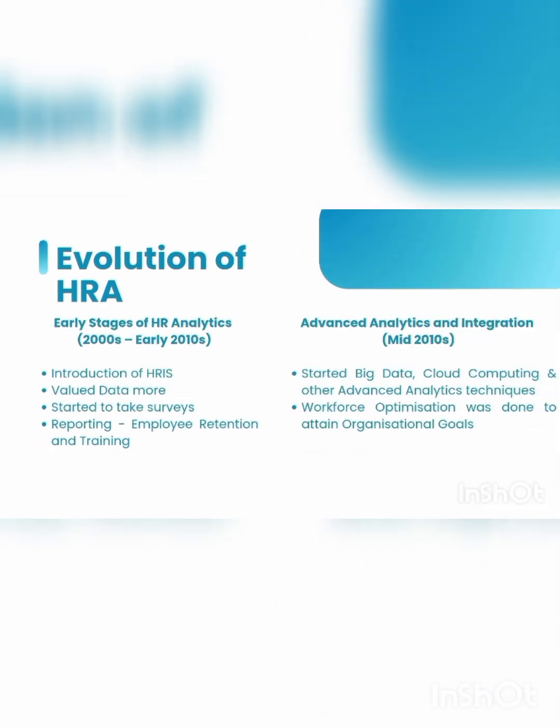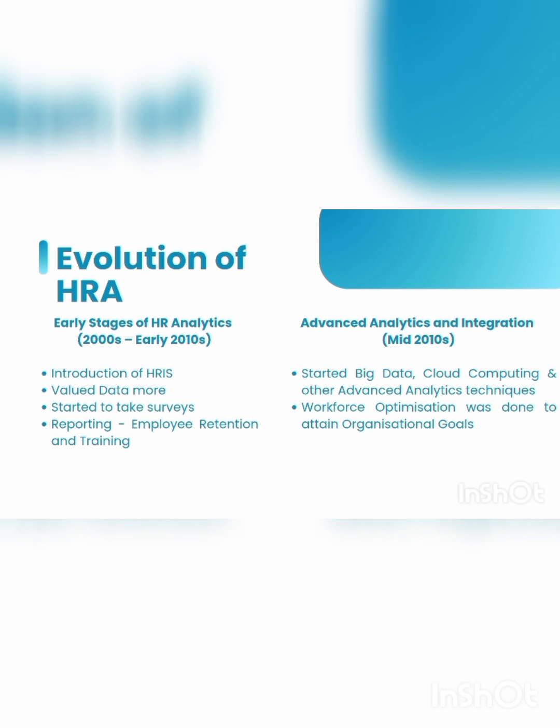Early stages of HR analytics, 2000s. As technology advanced, organizations began valuing data and introduced the Human Resource Information System, HRIS. Companies started using HR software to store and manage employee data.